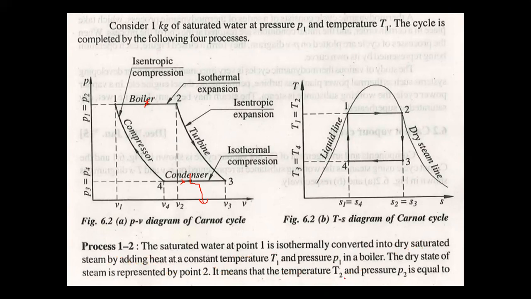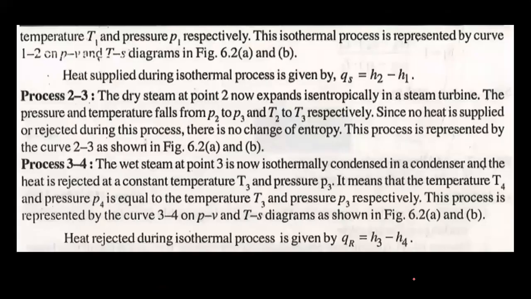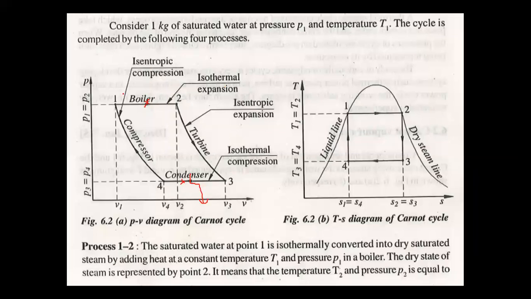It means that the temperature T2 and pressure P2 are equal to the temperature T1 and pressure P1. This isothermal process is represented by a curve from 1 to 2 on the PV and TS diagram. The heat supply during the isothermal process is given there. When we are using this, it is necessary to know about the enthalpies. So for that, we use either the steam table or the Mollier chart.